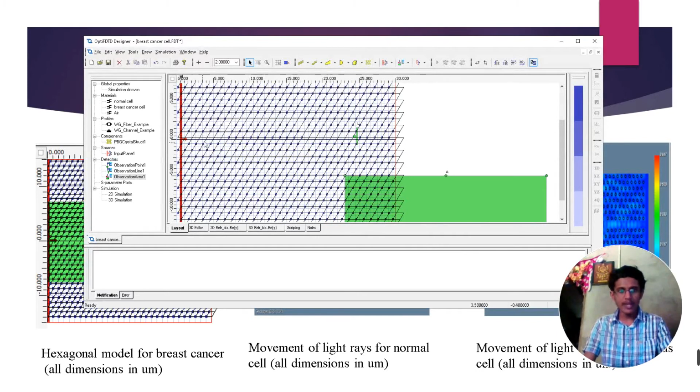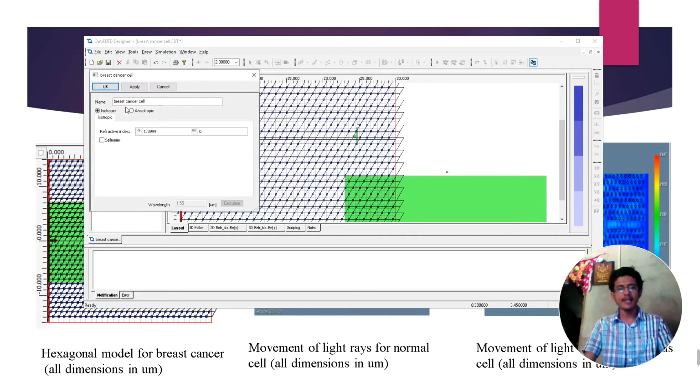We need to analyze the transmission of light through this hexagonal model. Here are the breast cancer cell properties, that is, the RI value of the breast cancer cells is 1.3999.